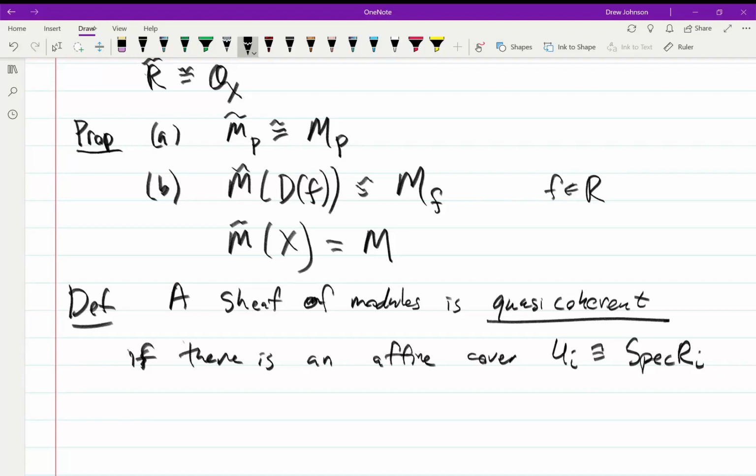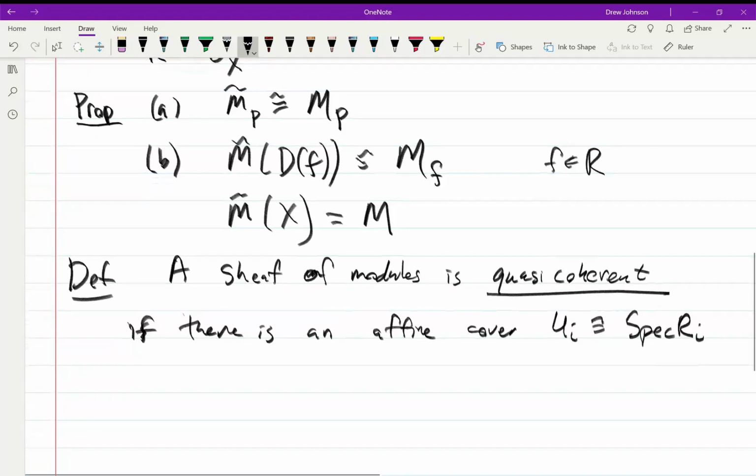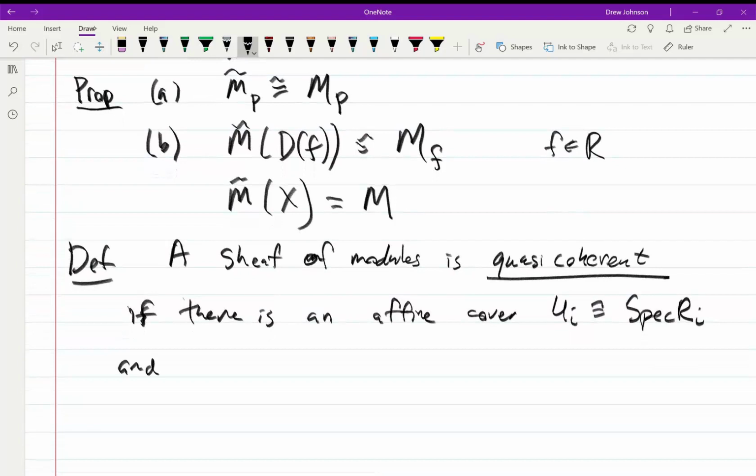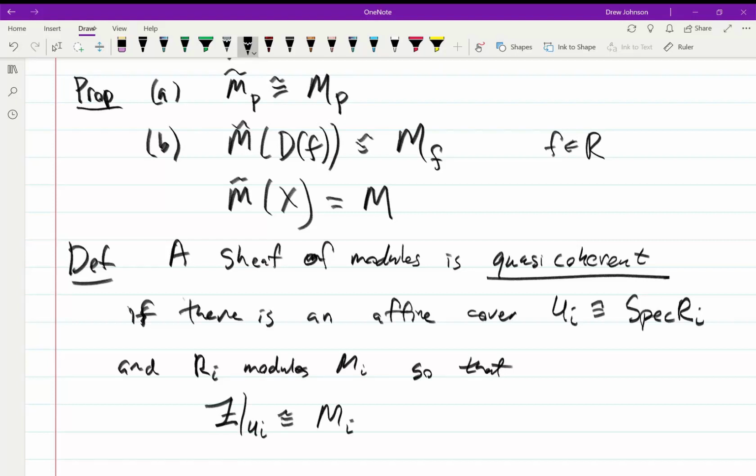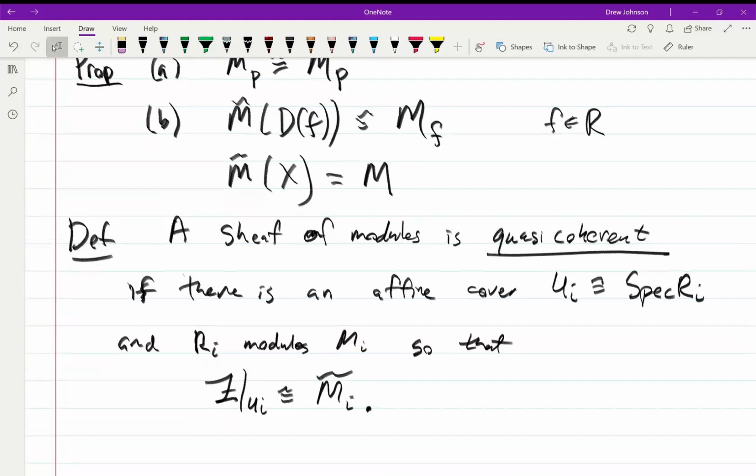So each piece of the affine cover is isomorphic to the spectrum of some ring, and R_i modules M_i, so that F restricted to U_i is isomorphic to M_i tilde. All right, so a quasi-coherent sheaf is one that is given by these M tilde modules locally.